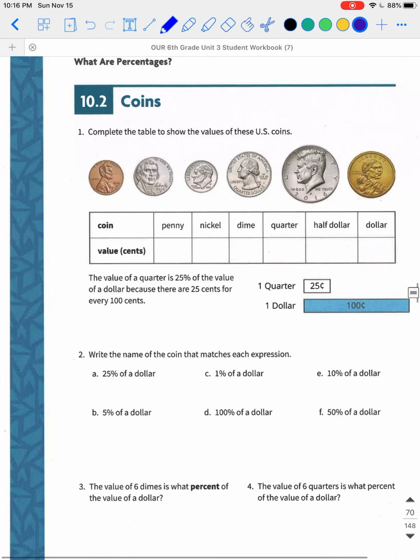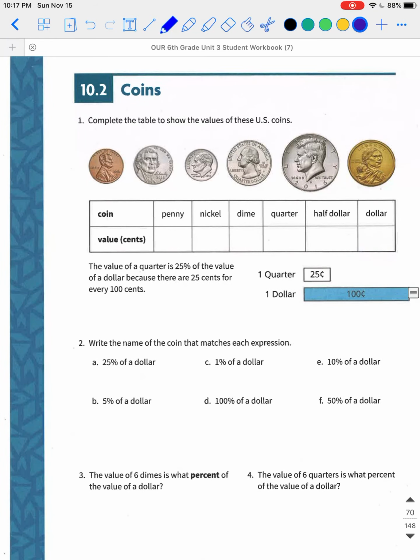All right, so let's come here to our first activity, 10.2. We're talking about coins. If you do not have your workbook, pause the video and draw this table for number 1, because this is important for you to have. So let's look at our coins.